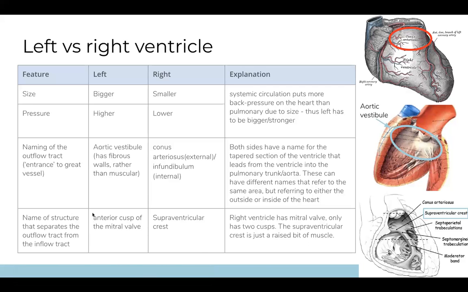So on the left side, the structure that separates that is basically just the anterior cusp of the mitral valve. So as you can see here, if that's the outflow tract, that's the anterior cusp of the valve. And on the right, it's your supraventricular crest. So here you can see it's highlighted, and it's this little bit of raised tissue here, so that it goes in and then it kind of comes out through that way.